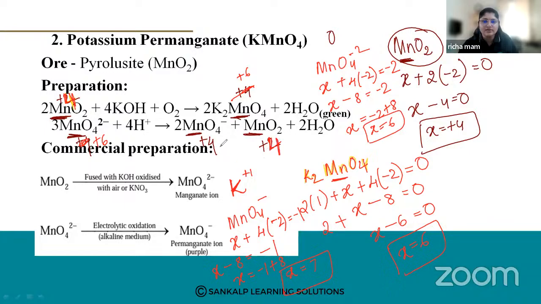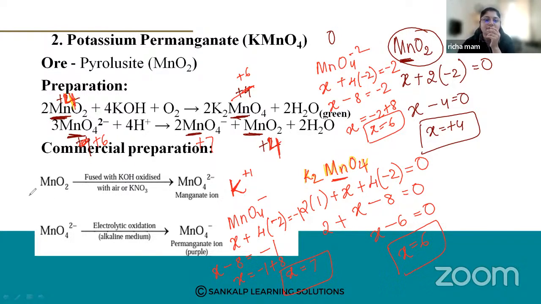So you can see how Mn is undergoing different oxidation states. Mn is showing +4, +6 and +7. These are the different oxidation states shown by Mn.